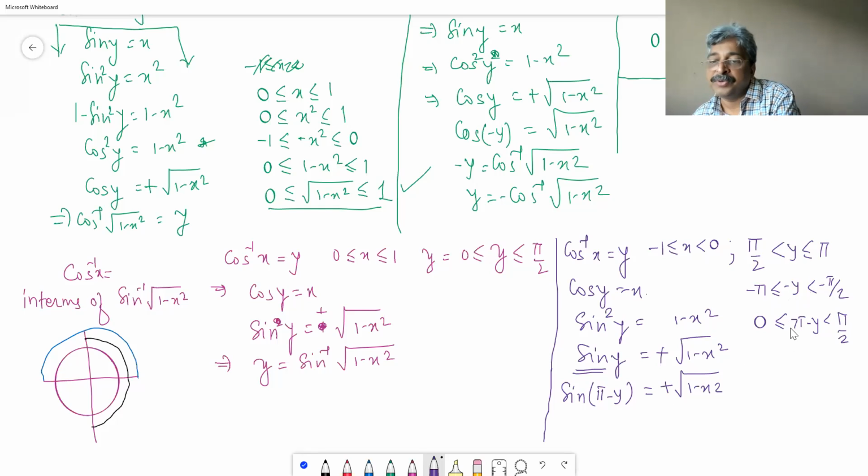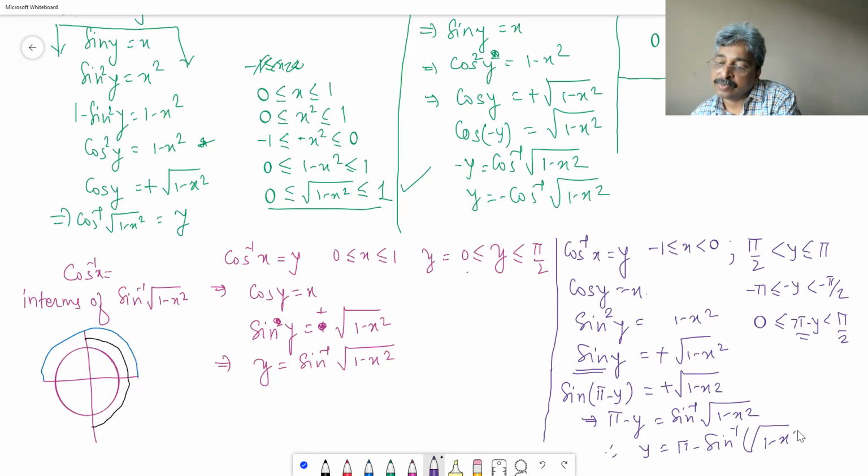Fair enough. So now it is in the same zone, 0 to pi by 2, but this is invertible and the trigonometry is also satisfied. Therefore inverting, we get pi minus y is equal to sine inverse radical 1 minus x square, and therefore y is equal to pi minus sine inverse radical 1 minus x square.